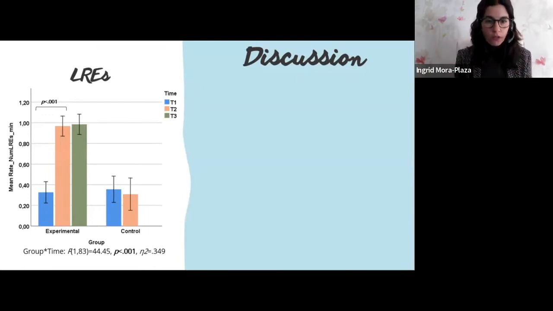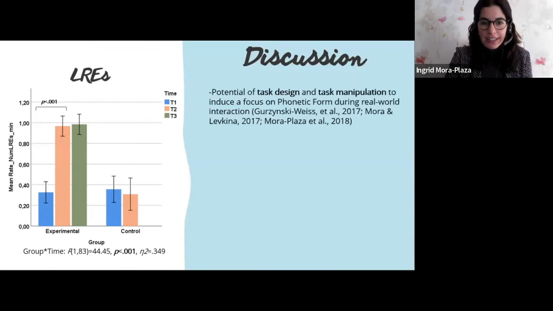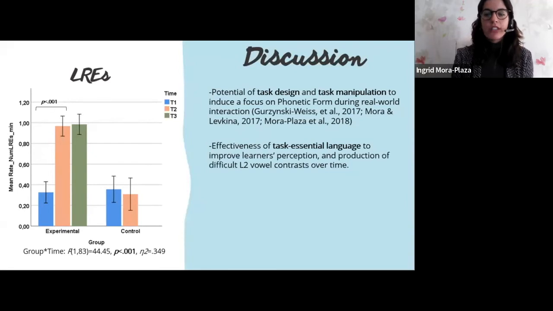So overall, this study sheds some light on the potential of task design and task manipulation to induce a focus on phonetic form during meaningful interaction. It also showed that generating a linguistic focus through task-essential language led to an improvement in the perception and production of segmental features of English.